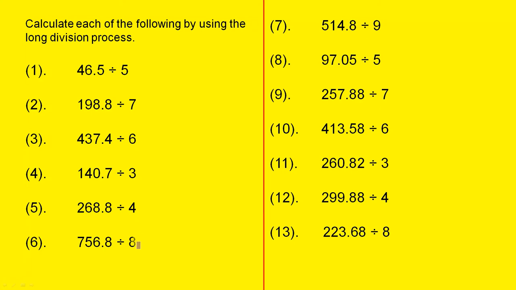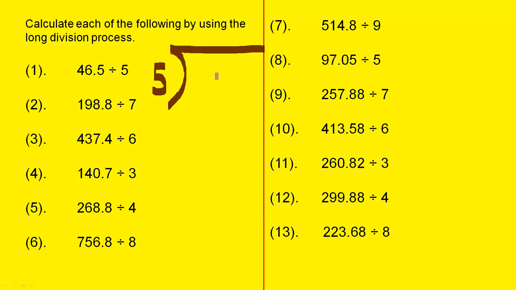You'll see that they're all very similar. Okay, so you have to set them up, for example, with this first one, and the same applies to all of them. For example, with this one, you're dividing 5 into 46.5.